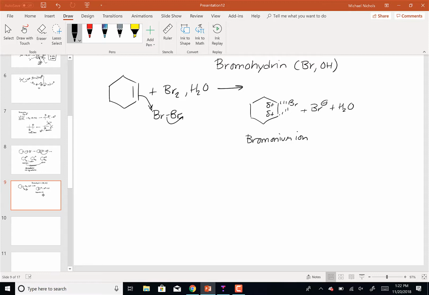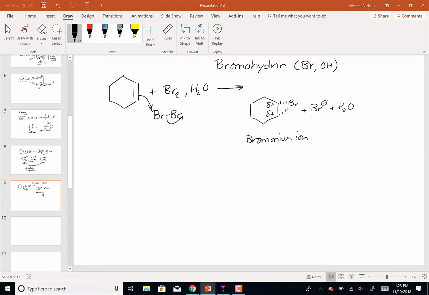Now if I'm using bromine in the solvent water, so there's a lot more water than there is bromine, once you form the triangle, there's a water molecule right there waiting to add. So the Br minus never gets a chance to swing around and add. By the time it would get there, the water's already added because it's the solvent.